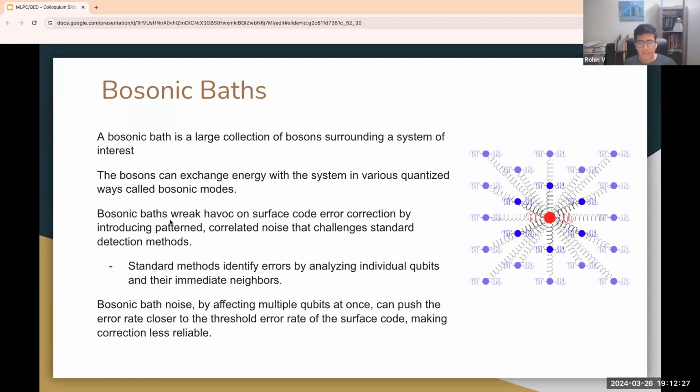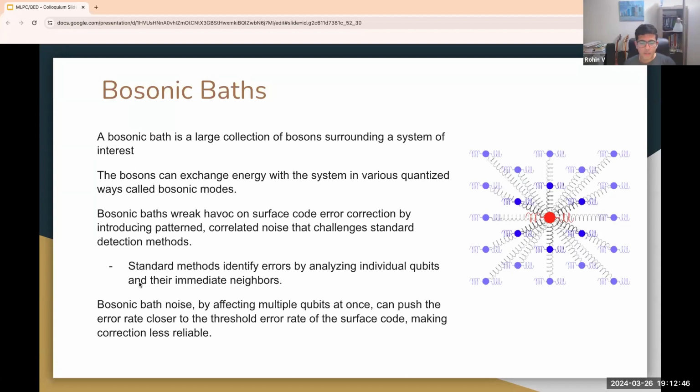And bosonic baths wreak havoc on the surface code by introducing patterned and correlated noise, which standard methods cannot identify because standard methods only analyze individual qubits and their immediate neighbors.